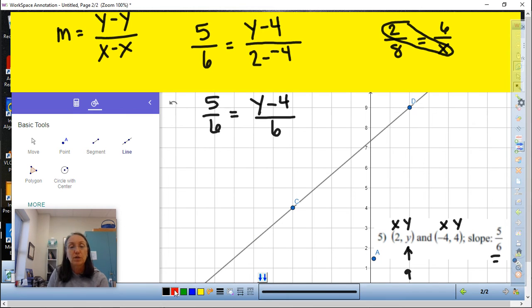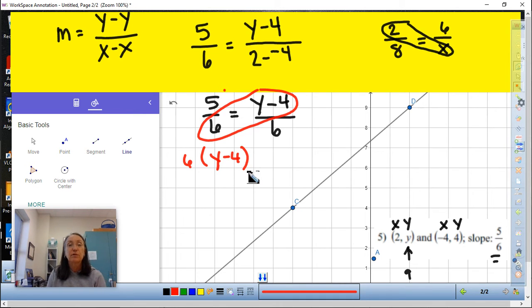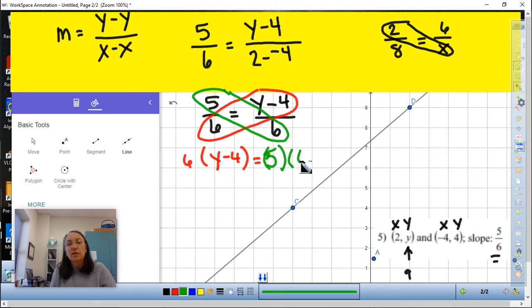So you'll want to cross multiply. Let's start with this one. Cross multiply here, and I'll have 6 times the quantity y -4. It is absolutely imperative that the y minus 4 be written in parentheses. So 6 times (y -4) is equal to 5 times 6. I'm just going to write 5 times 6 to start with.